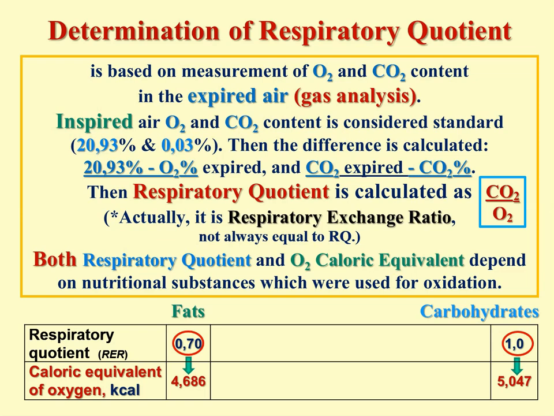And now, in a real situation, we don't oxidize only fats or 100% carbohydrates. We oxidize some certain mix of both fats and carbohydrates, and therefore respiratory quotient will take a certain value between 0.7 and 1. Correspondingly, the caloric equivalent will be shifted from the minimal fat value and become closer to the maximal carbohydrate value, somewhere between, but exactly proportionally to the change of the respiratory quotient.